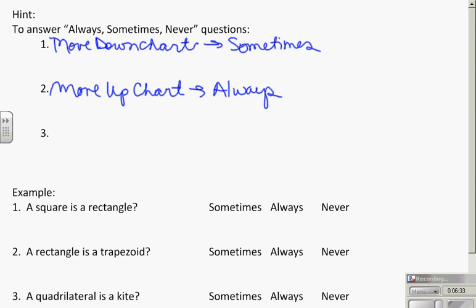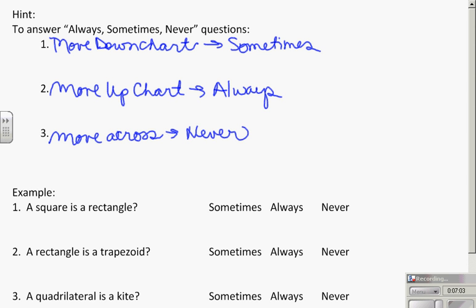Now, why is this? Going down the chart, I'm going from general to specific. So that would sometimes apply. From bottom up, if I'm moving up the chart, I'm moving from more specific to less specific. So if it fit the more specific criteria, it's obviously going to fit the less specific. And if I move across, if I don't follow any arrow path, then it's a never.